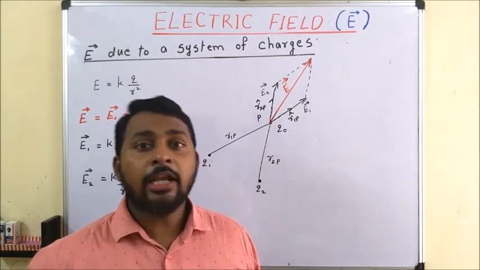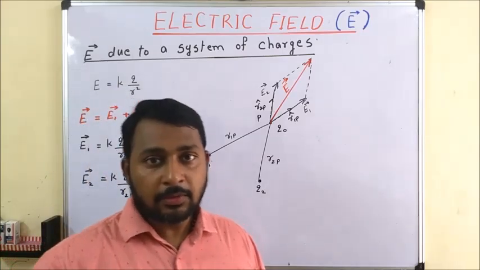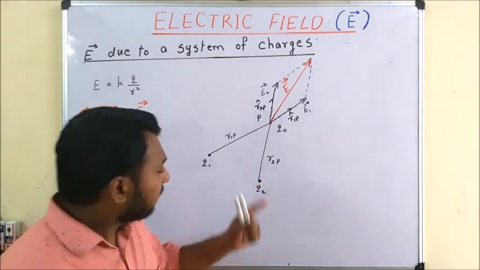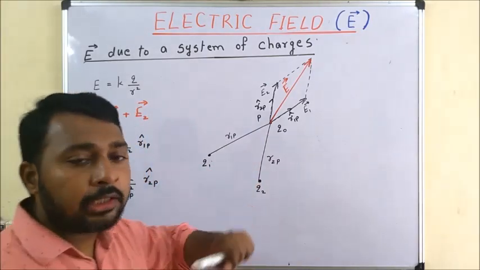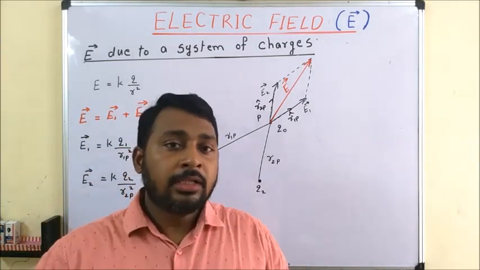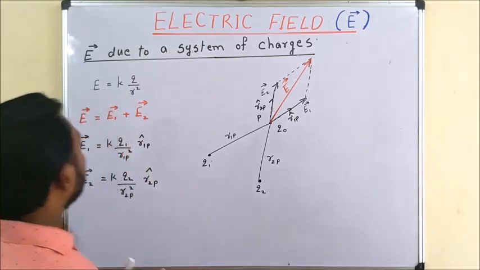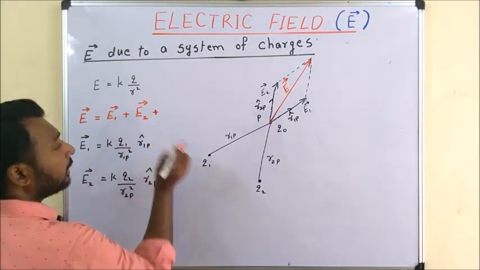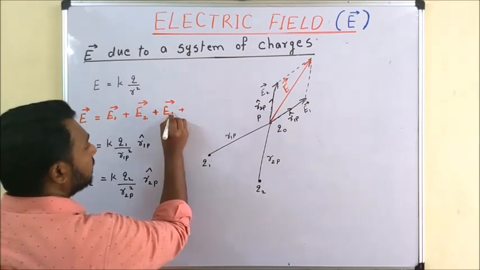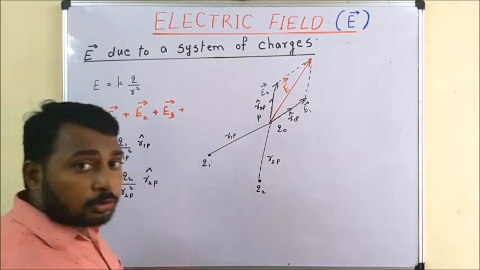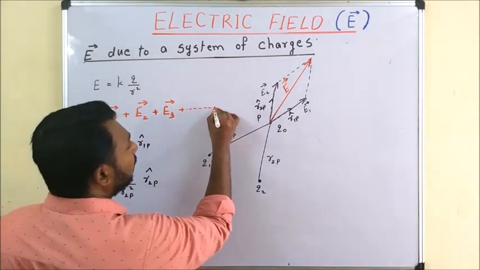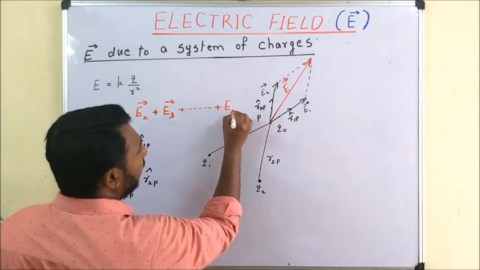If there are n number of charges, what will be the net electric field at this point P? At present we have considered only two charges, Q1 and Q2. If there are Q3, Q4, etc. up to Qn, we have to consider each and every charge. So the net field is the electric field of the third charge E3 plus the fourth charge E4 plus etc. up to the nth charge En.